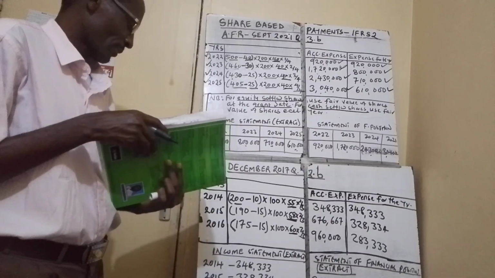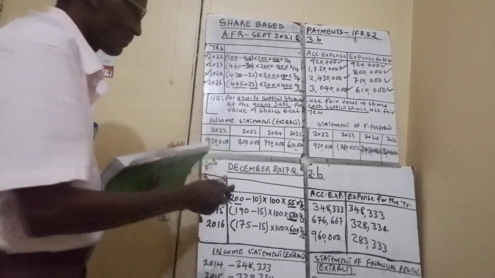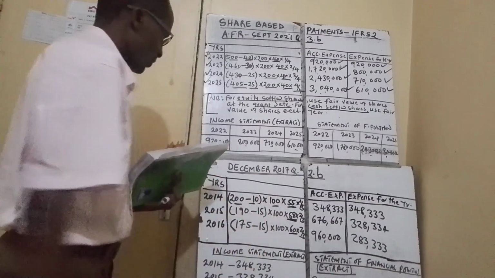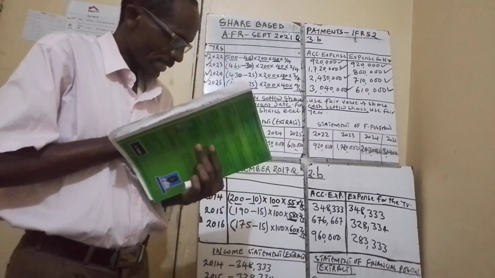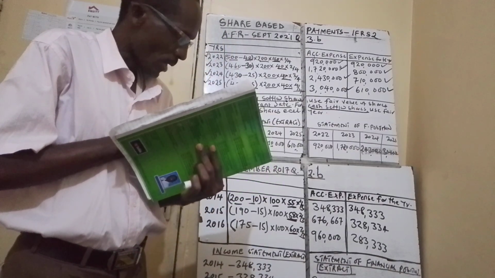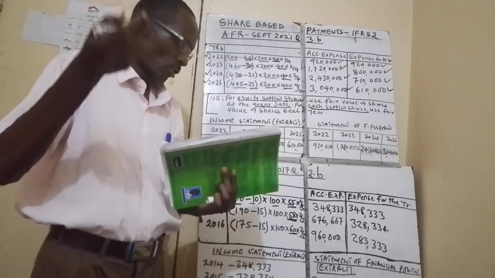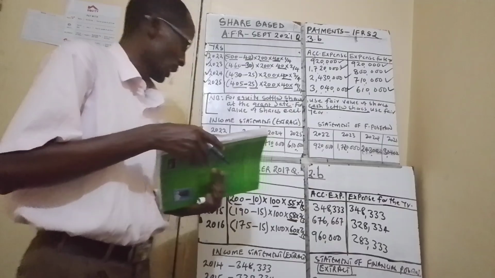If you look at the second column, number of employees leaving, we have 10. So first year, 10 will leave. There are 100 options. The bonus was to be the equivalent of 100 shares.